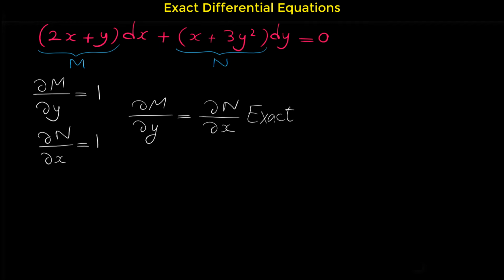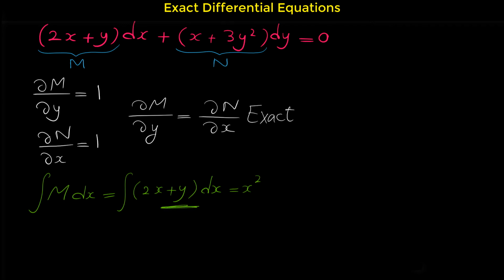For finding the solution of this exact differential equation, again the first step is to integrate M with respect to x. Integral of 2x plus y dx. Integral of 2x with respect to x is 2 times x squared over 2, which is x squared.